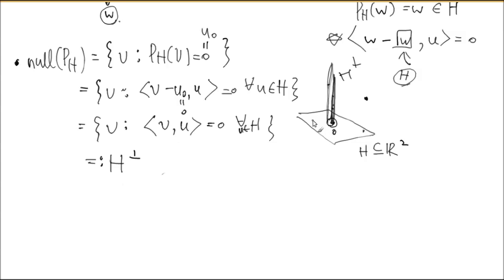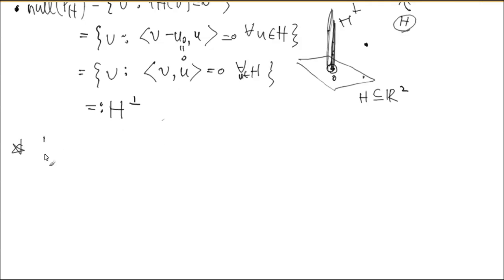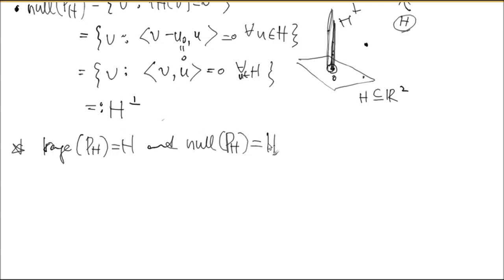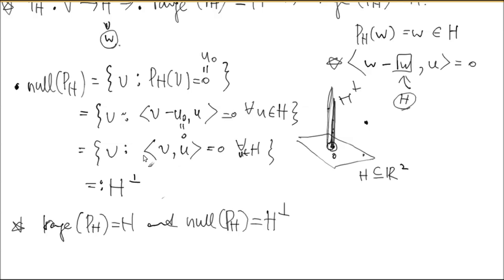Okay? So here's a summary, and then I'll let you go. The range of P_H is H itself, right? And the null space of P_H is H perp, the collection of all the vectors that are orthogonal to every vector in H. To quantify this is tricky, so you have to look at this set.